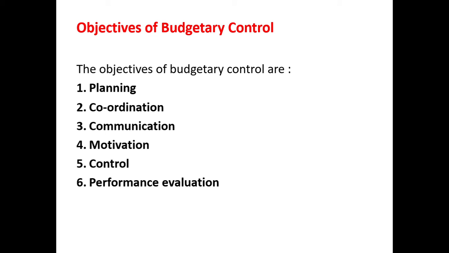They have to see whether the workers are putting in their efforts to achieve the targets or the objective of the organization. In many companies, there is a practice of rewarding employees on the basis of their achieving targets, or promotions of a manager may be linked with the achievement of targets. That is called performance evaluation. So these are all the objectives of budgetary control.